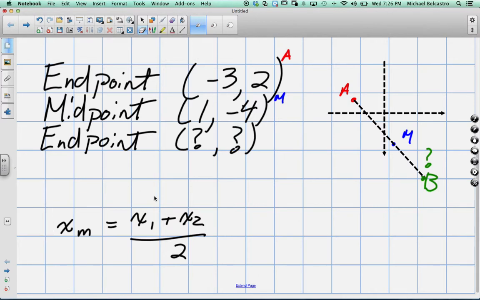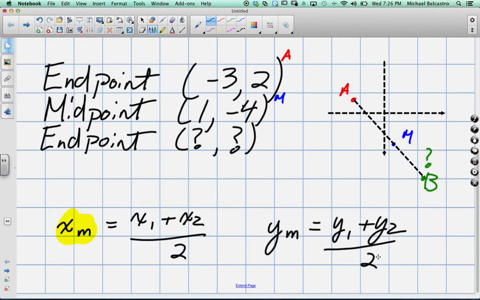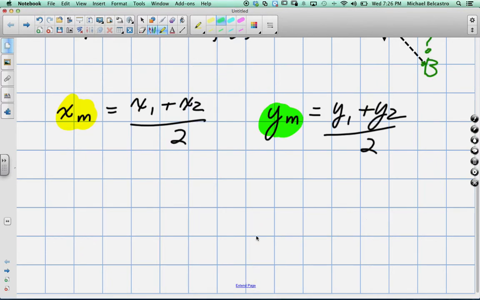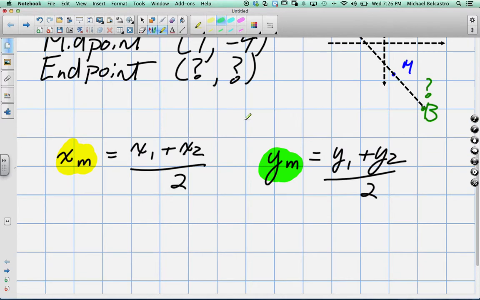So that's our first one, which was yellow. We'll keep it as yellow. This is for xm. And for ym, the midpoint, that's technically equal to (y1 plus y2) divided by 2, and that was our green. Do you follow me so far? Okay. So let's take our information.